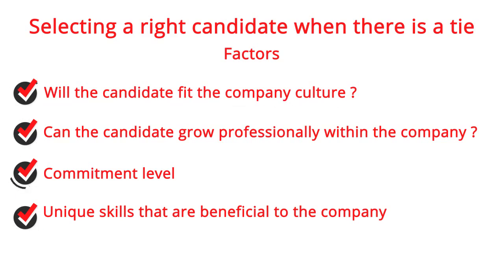Another one is when you look at the commitment level of the candidate. You want to gauge whether the candidate is going to be a job hopper. That is somebody who will jump from one job to the other, from one company to the other every 2 years. Or you want somebody who is going to be there for the long haul, who is going to be committed to your company. In that case, you take a look at their career goals.